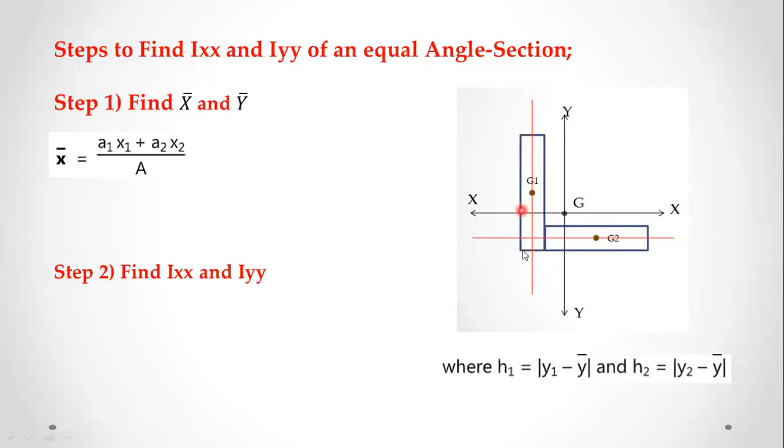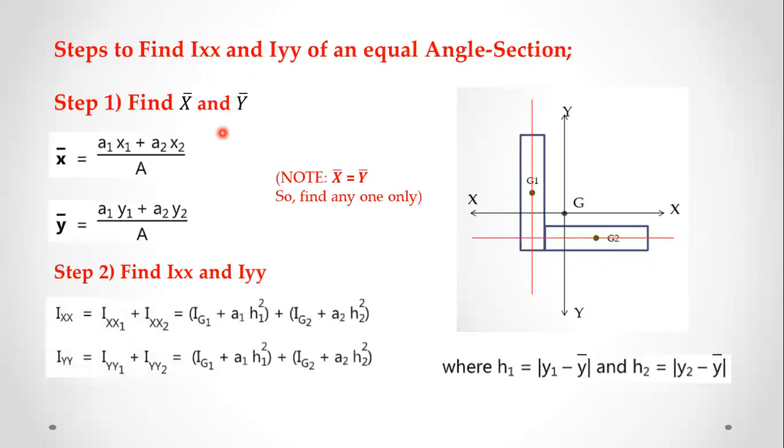Okay, this y-axis, not this. This is the centroidal y-axis of the composite section. A is the area of the two components, that means the summation of a1 and a2. Also, we know the formula of y bar. y bar is a1 y1 plus a2 y2 divided by A. But because both x bar and y bar are the same, we need to find only any one.